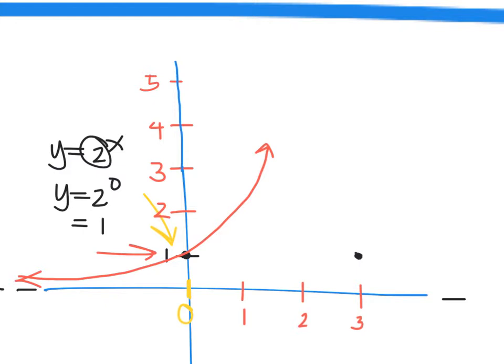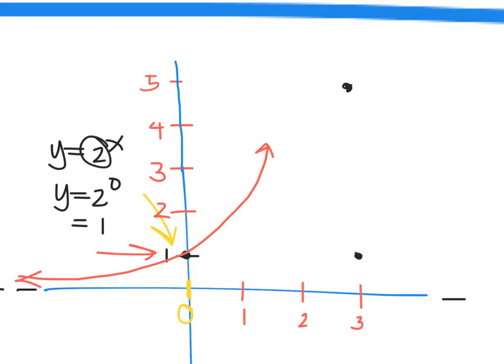And don't forget, the point that we are using is this. So that point has to move 4 units up: 1, 2, 3, and then 4. So it will now be located at y equals 5.